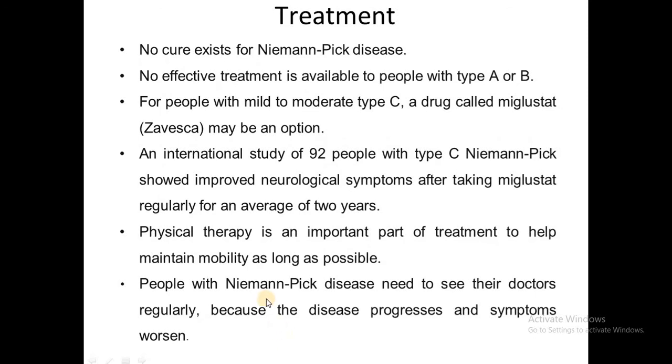Treatment. There is no cure, only treatment for maintenance. No effective treatment is available for people with type A and B. For people with mild to moderate type C, a drug called miglustat may be an option. An international study of 92 people with type C Niemann-Pick showed improved neurological symptoms after taking miglustat regularly for an average of 2 years.